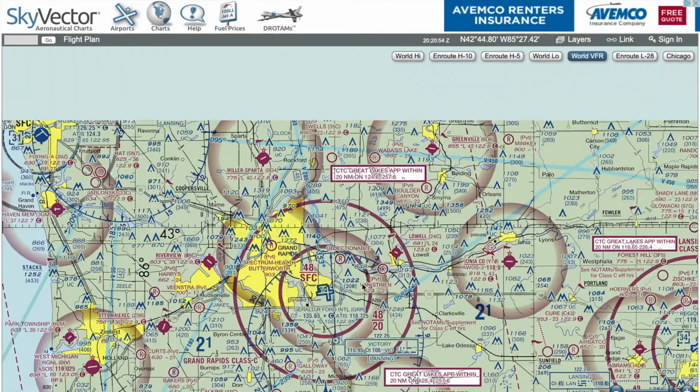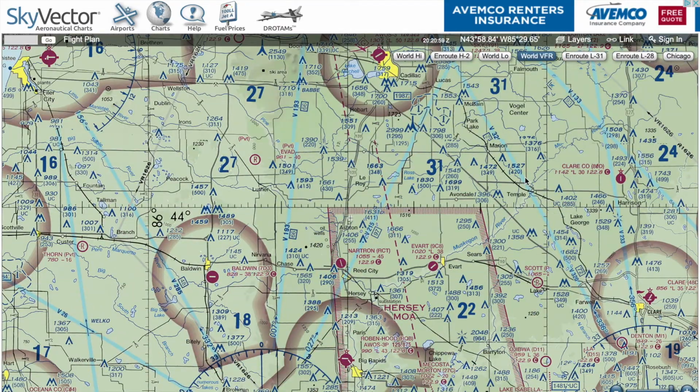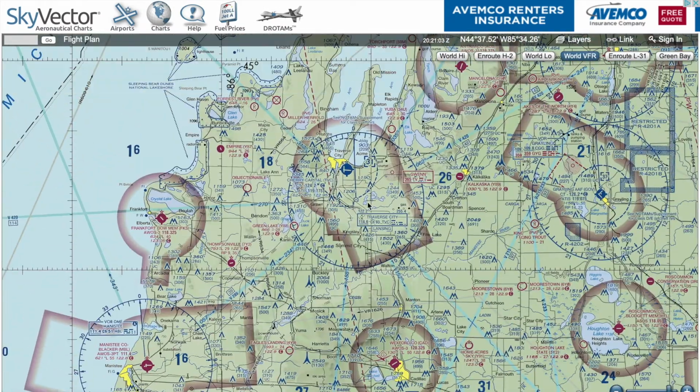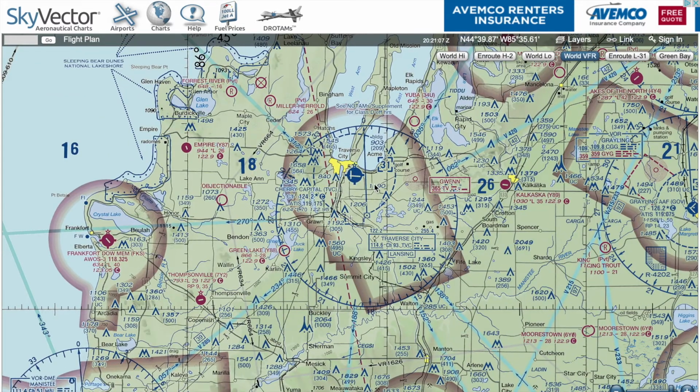All right, so continuing to move on, I realize it can be a little tricky listening to somebody just chatting about maps for long periods of time. So let's take a look at Traverse City. Traverse City happens to be a Class D airport. Blue airport means it has a control tower.